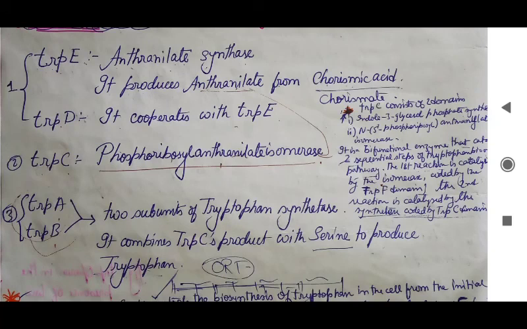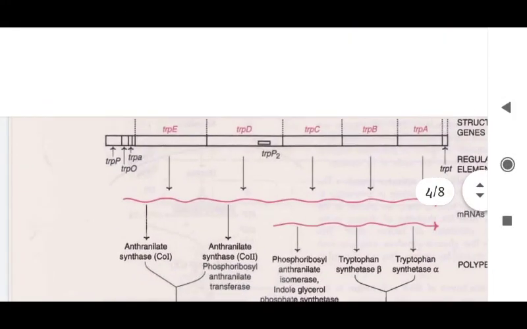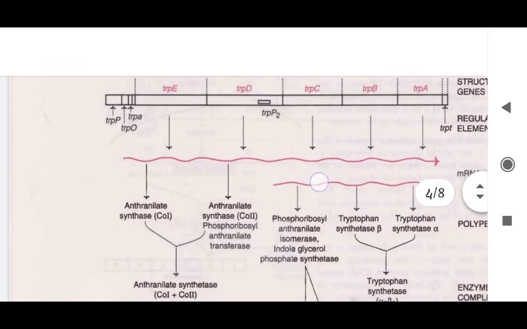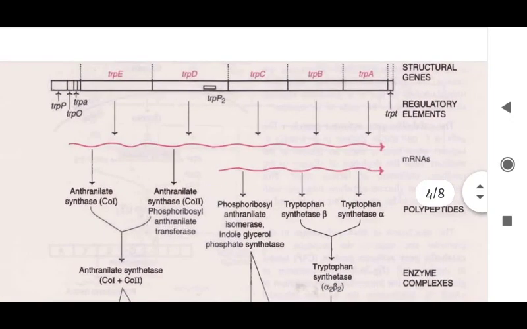Next is TRPD. TRPD normally cooperates with TRPE. Let us see in the figure now. So here we can see TRPE, showing the arrow mark, it shows anthranilate synthase. In brackets it says CO1.